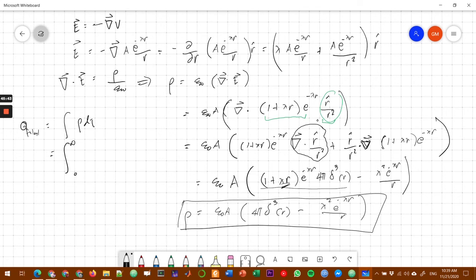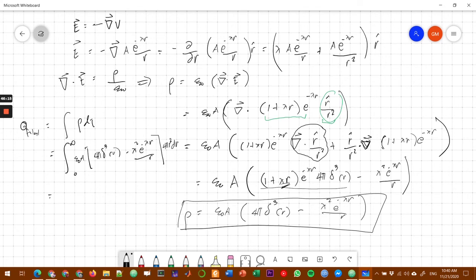From 0 up to infinity, we have epsilon naught a, and then we have 4 pi delta of r minus lambda squared e to the negative lambda r over r, right? And then d tau would be 4 pi r squared dr.